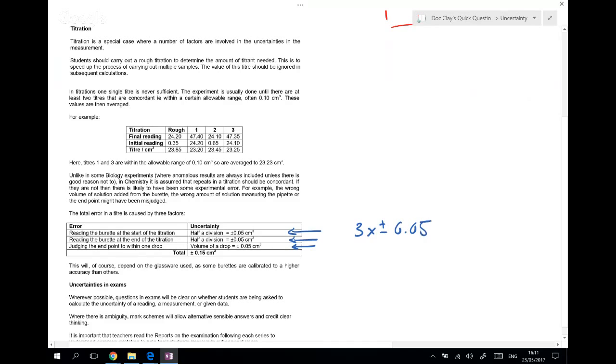And this again is key, and this would then be divided by the actual measurement times by 100 in order to get the percentage uncertainty.